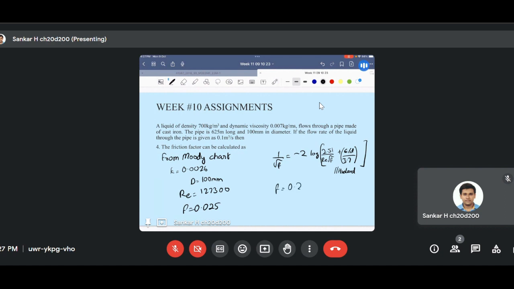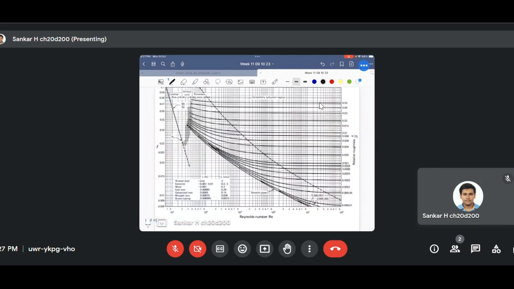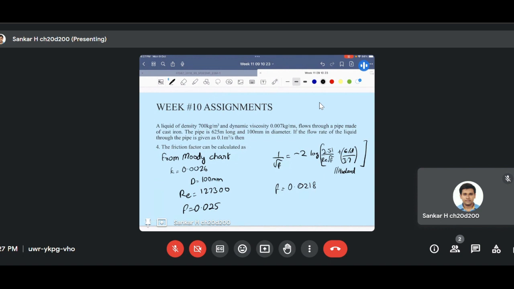I think I got the value as 0.021 something, 218 or something around that value. Please do check and confirm whether these values are consistent with the values that you got. If you have any doubts, please let me know. We finished the first question in the first set of questions.